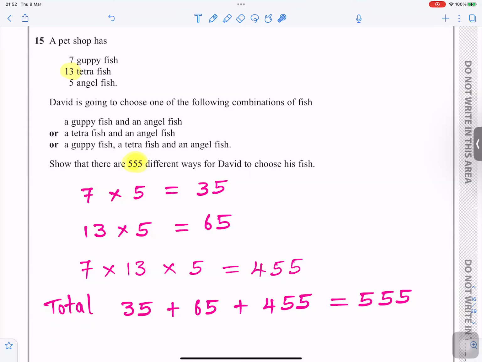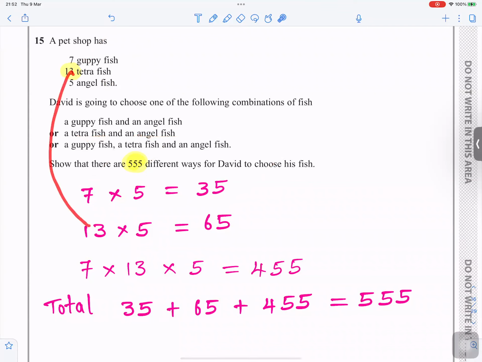Question 15. A pet shop has 7 guppy fish, 13 tetra fish, and 5 angel fish. David is going to choose one of the following combinations of fish: a guppy fish and an angel fish. So 7 times 5 gives you 35. A tetra fish and an angel fish.